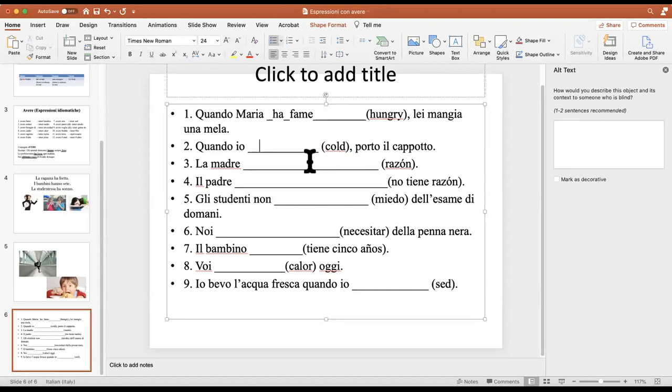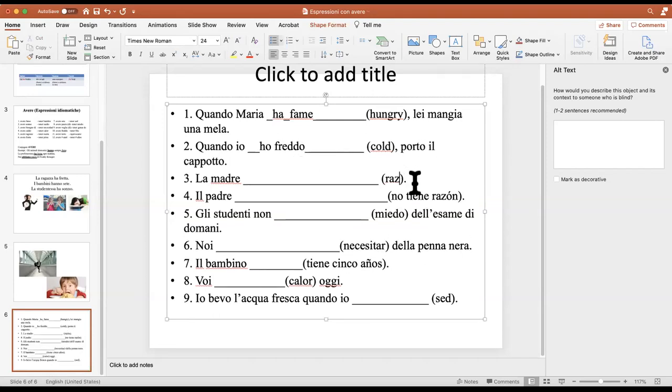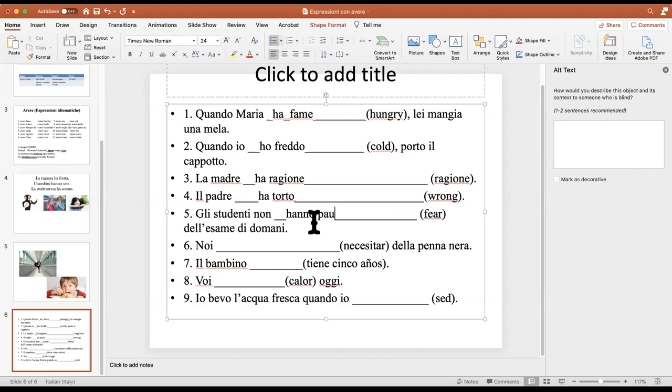Quando io, and then the conjugation of io would be ho freddo, right? Then ragione. So to be right, la madre ha ragione. Don't all mothers, right? E poi wrong. Il padre ha torto, right? And then gli studenti non, so again, this is a plural, is they, non hanno paura dell'esame di domani. They're not afraid of tomorrow's exam.